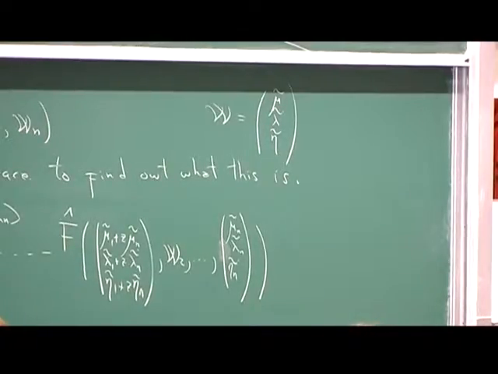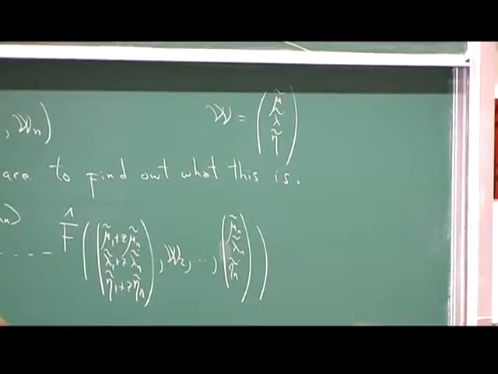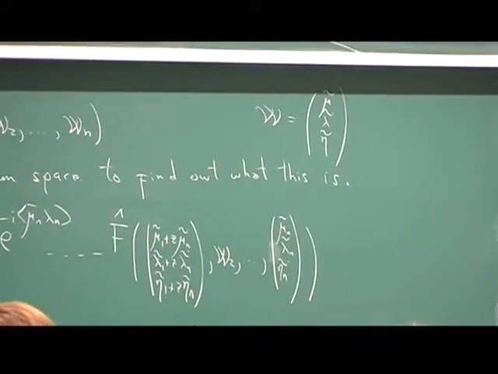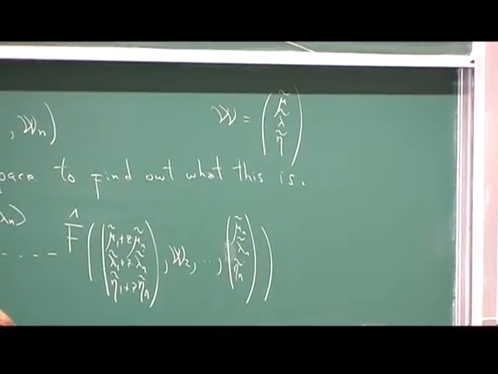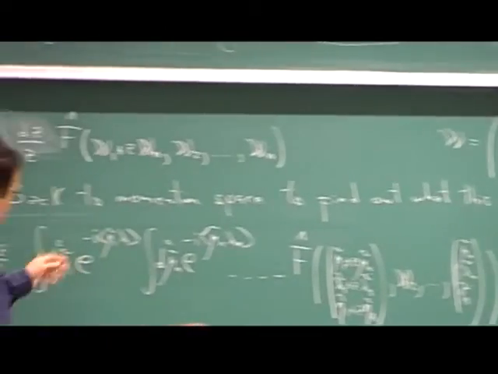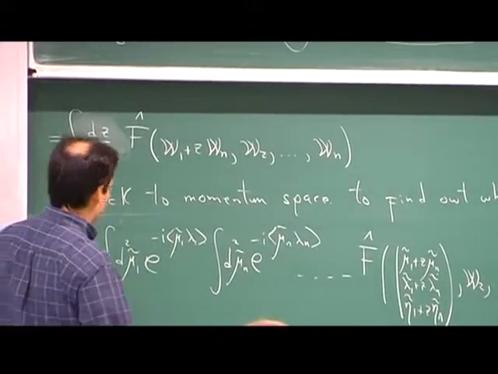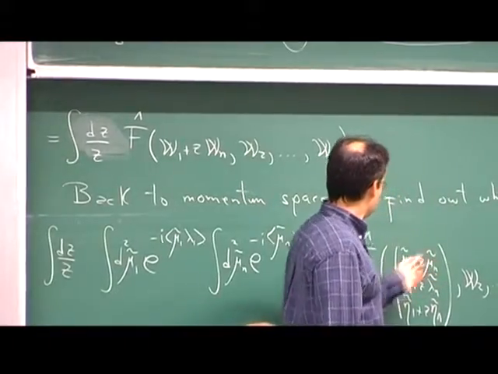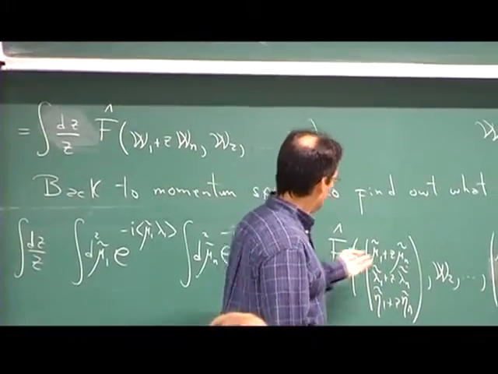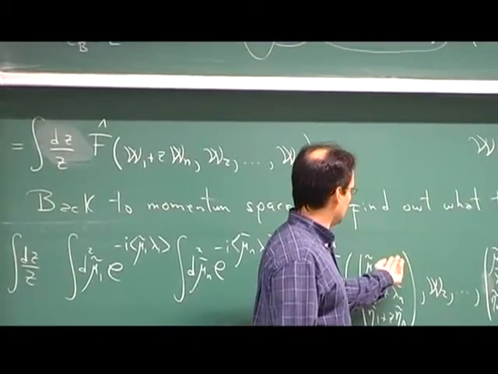Well, first thing to check the time. We want to bring this to something that looks reasonable in momentum space, something that we can recognize. So the first thing we have to do is to get rid of this thing here, because we know how to Fourier transform something that depends on a single mu here.